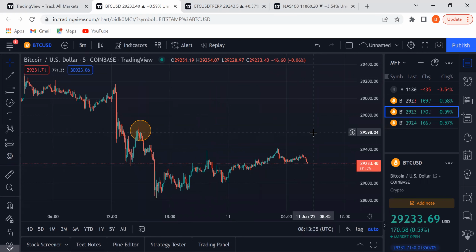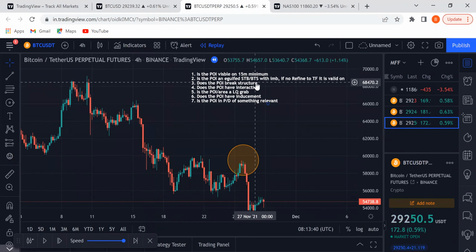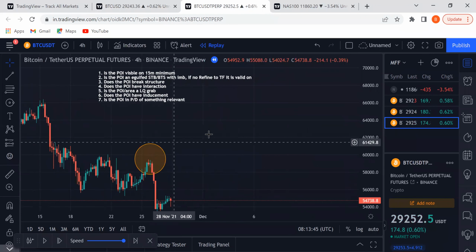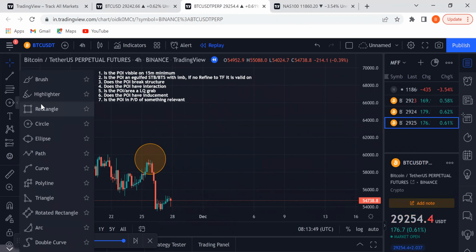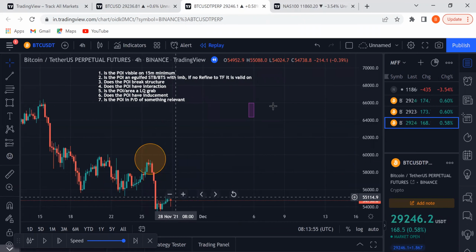Now the next one is: is the POI an engulfed BTS slash STB slash BTS with imbalance? Now let me quickly explain what BTS, STB is. Now let's say we have a sell candle like this.